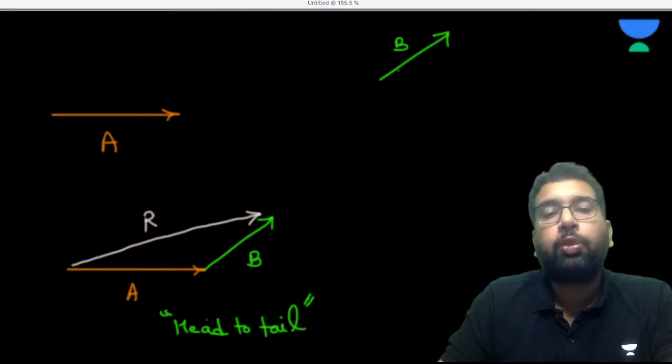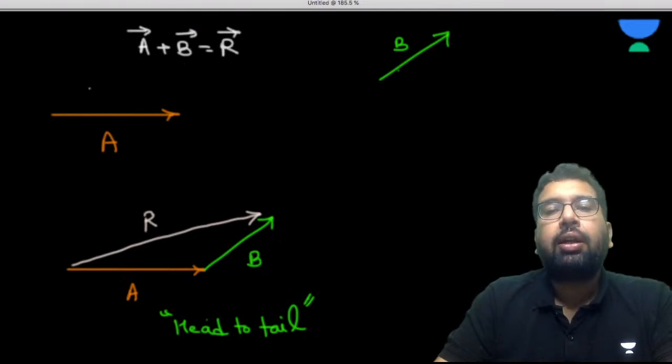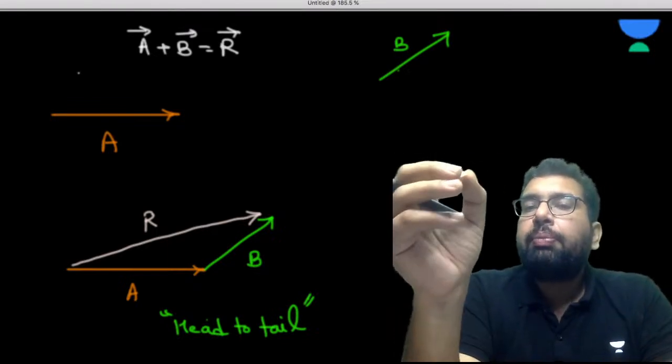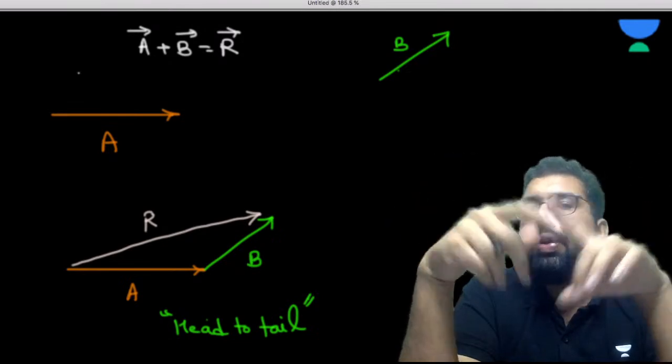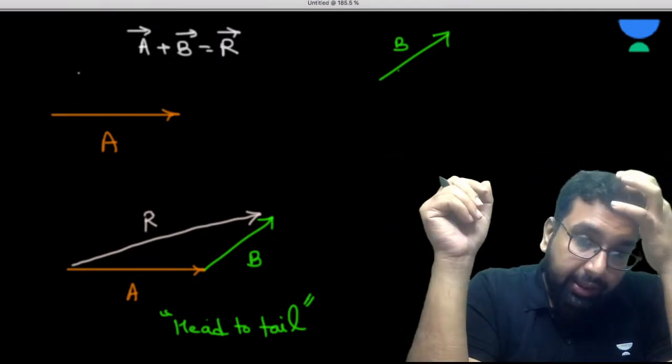What do we mean by the resultant? When you add the A vector and the B vector, you get another vector, that is your R vector. Remember, for a vector you require two things: one is its magnitude, another is direction.